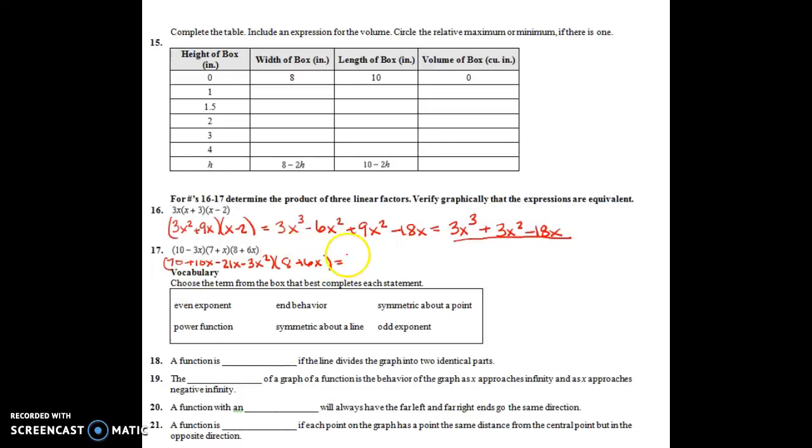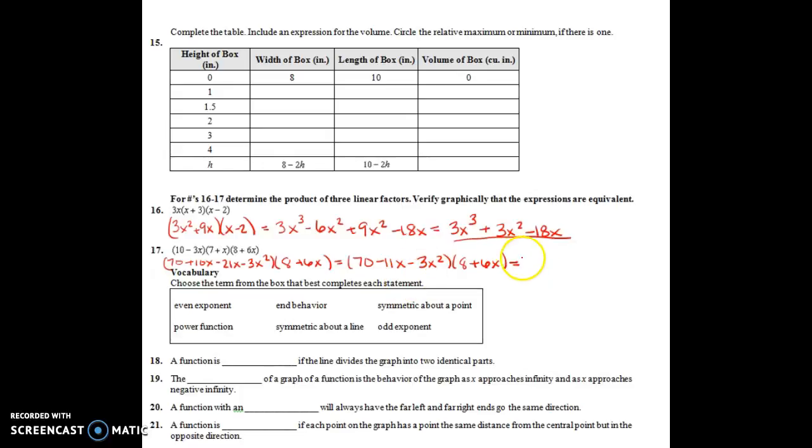I would combine like terms first so that I have 70 minus 11x minus 3x squared times 8 plus 6x. So you just distribute the first two together and then you do this again.